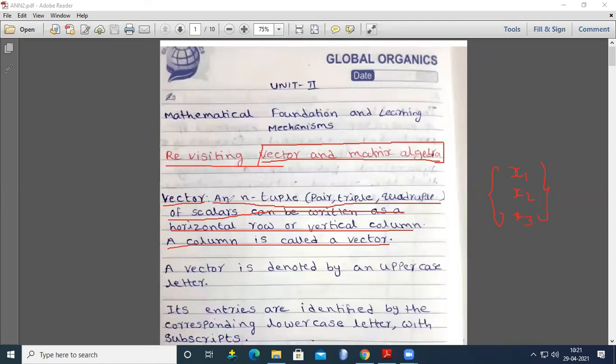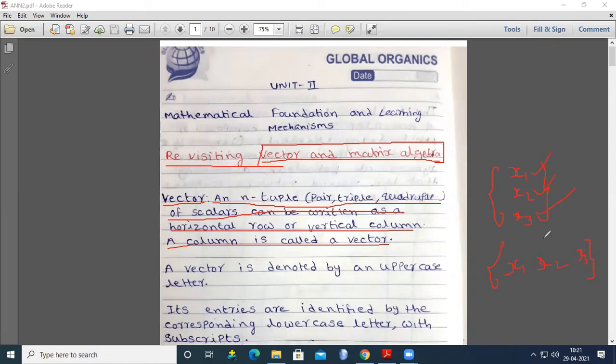These are the scalars, and they can be written as a horizontal row or a vertical column. If you write the scalars like this, x1, x2, x3, vertically, then we also call this a vector.